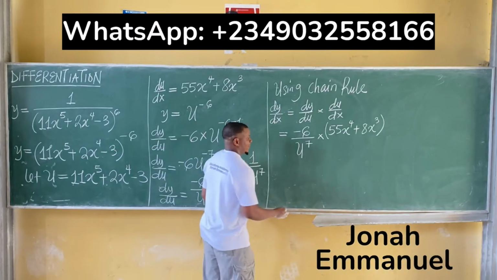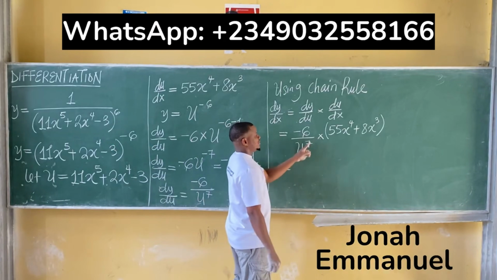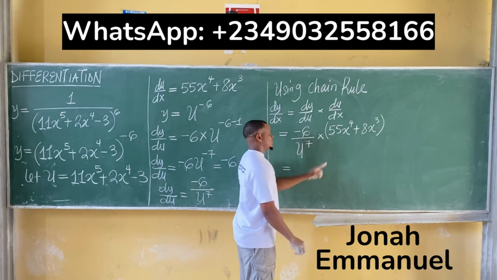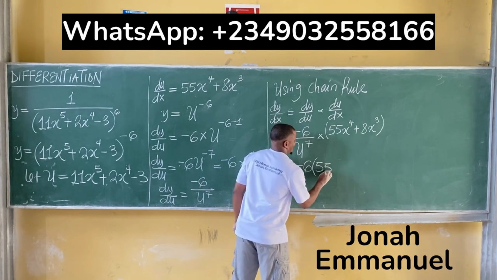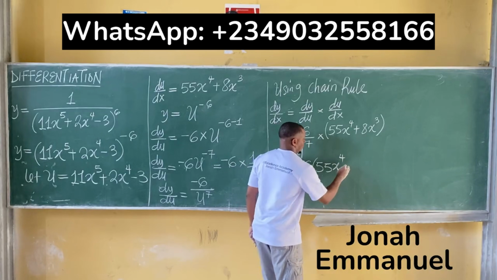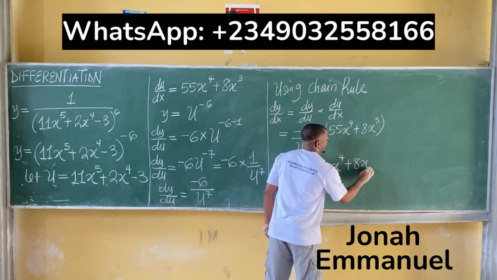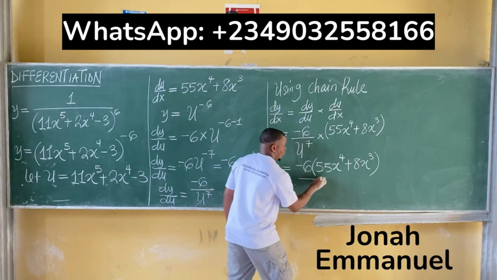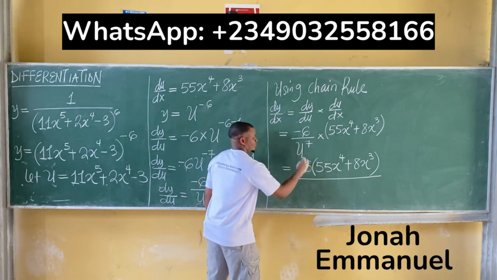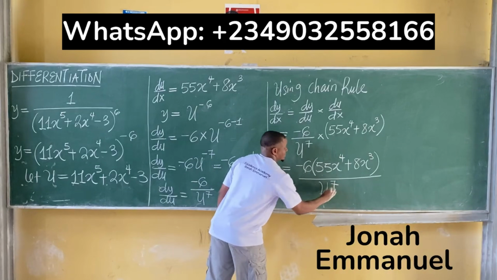Let's multiply them. This is equal to, you don't necessarily have to expand this. This and this gives you what there? Minus 6 into 55x to the power 4 plus 8x to the power what there? 3. You have this. That's the numerator, all over u to the power 7.